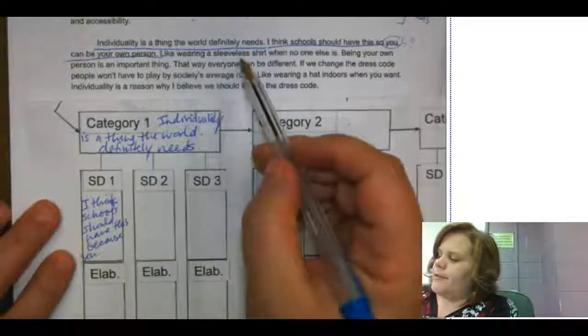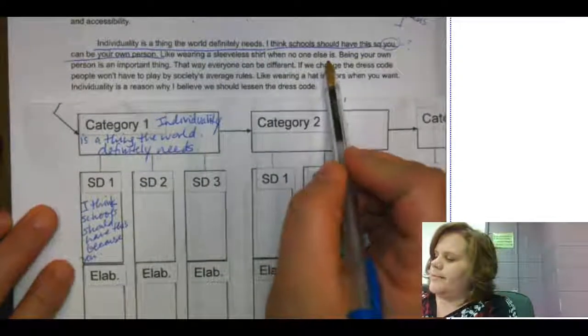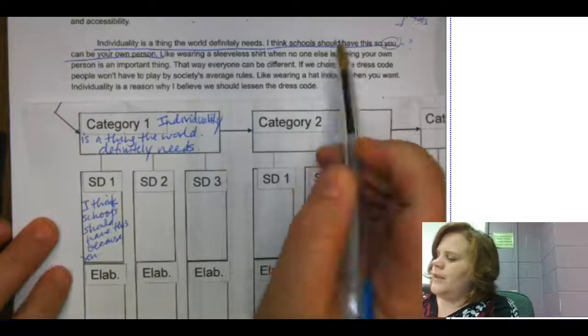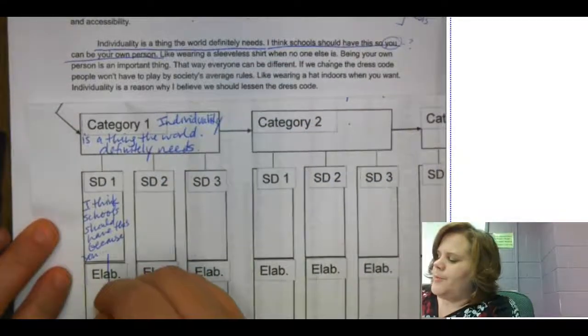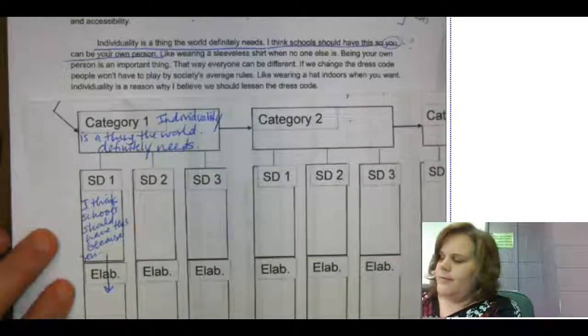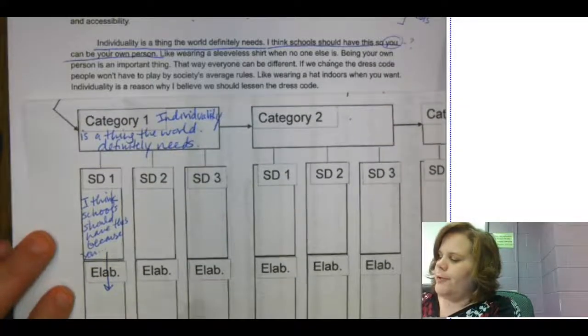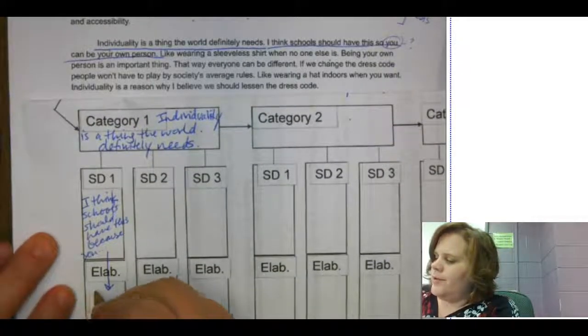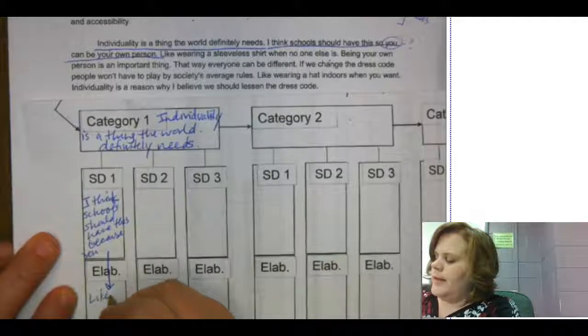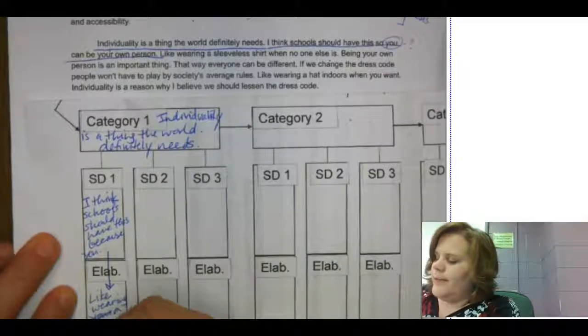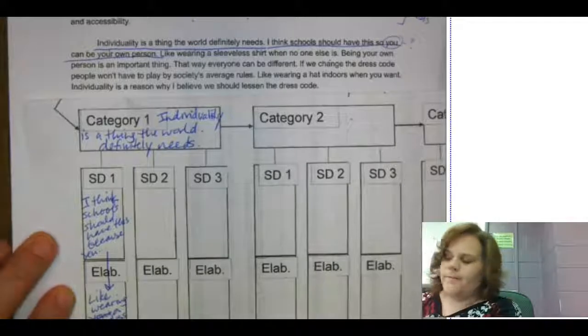Like wearing a sleeveless shirt when no one else is. I'm assuming that that's supposed to elaborate being your own person. So I will point out that that's a sentence fragment. But we're not editing right now. We're looking for structure.